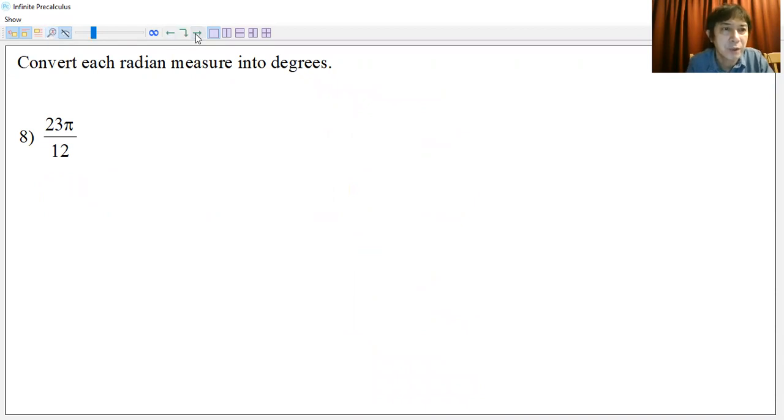Here's number 9. Convert each radian measure into degrees. I remember pi over 6 is 30 degrees. So this must be negative 30 degrees. But let us show the solution.